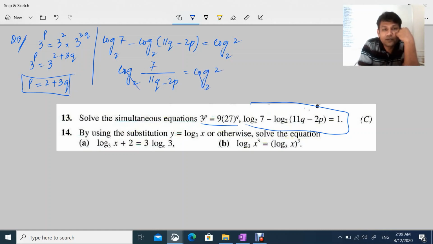So we can write 27 upon 11 cube minus 2p is equal to 2.